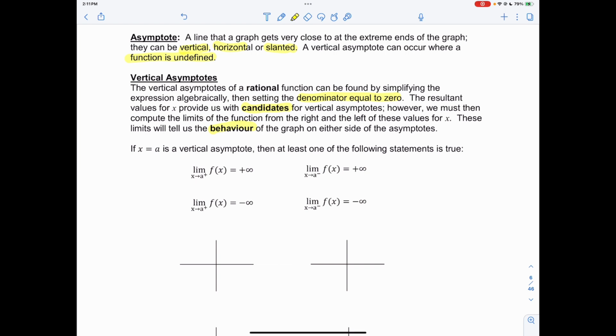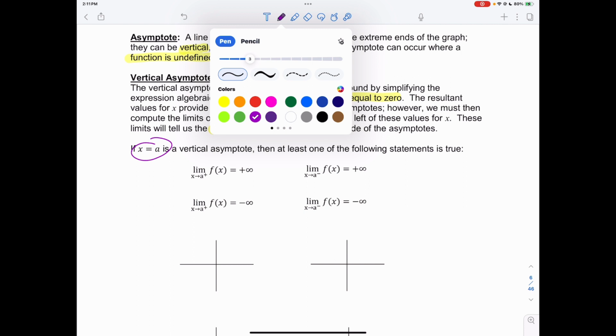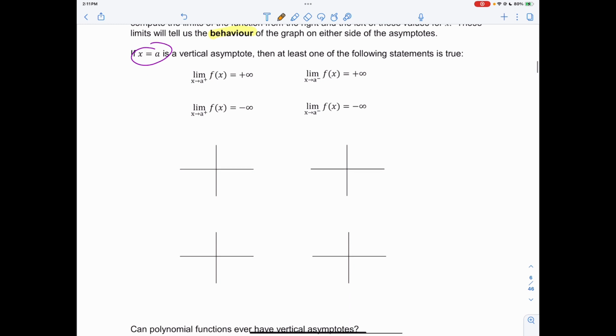So let's say that we're going to create an asymptote where x is equal to a for a vertical asymptote. Then at least one of the following statements has to be true. So let's start by creating our vertical asymptotes at x is equal to a.